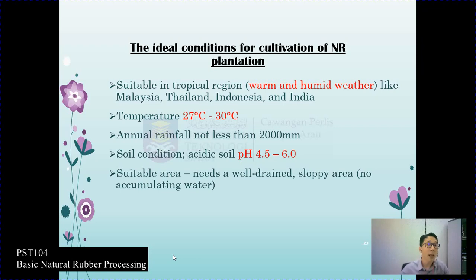Okay, why? Because of temperature around 27 to 30 degrees Celsius, annual rainfall not less than 2,000 mm a year. Okay, soil condition which is slightly acidic, which is 4.5 to 6 pH. And then the suitable area needs to be a well-drained slopey area which has no accumulating water.